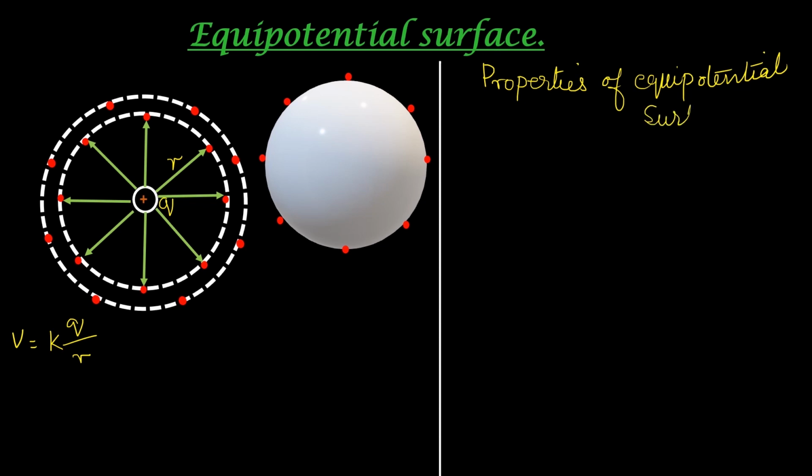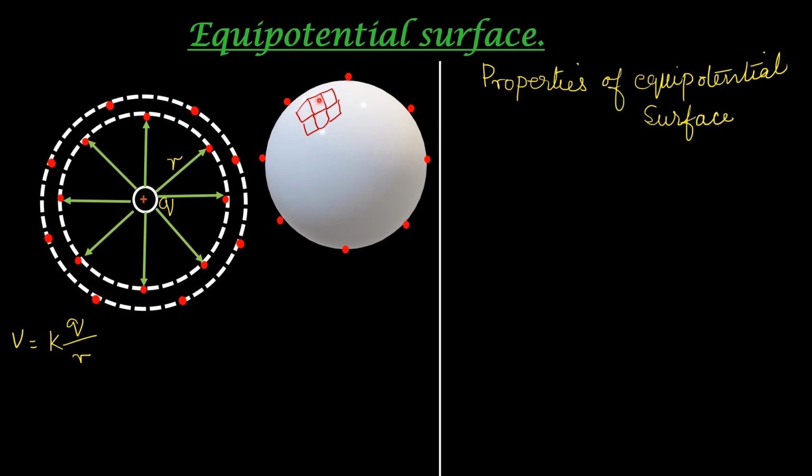In order to understand this, we may consider this spherical surface to be made up of several small delta surfaces which are so small that they can be considered as plane surfaces. All these surfaces can be considered as equipotential surfaces because they are elements of this big equipotential surface.